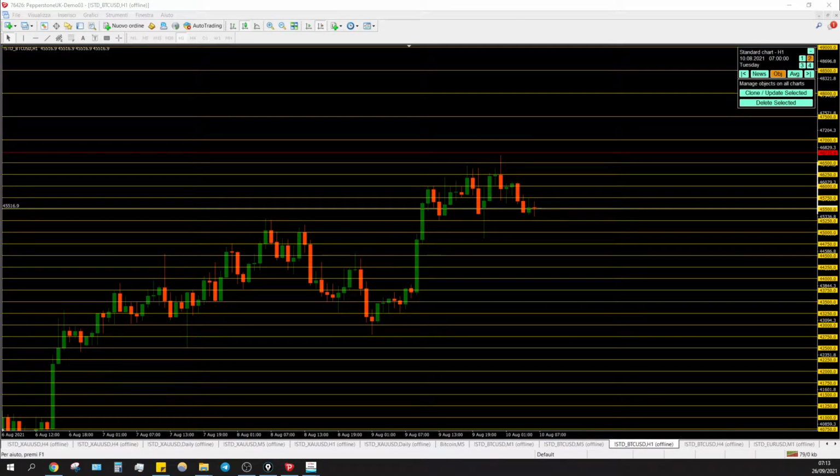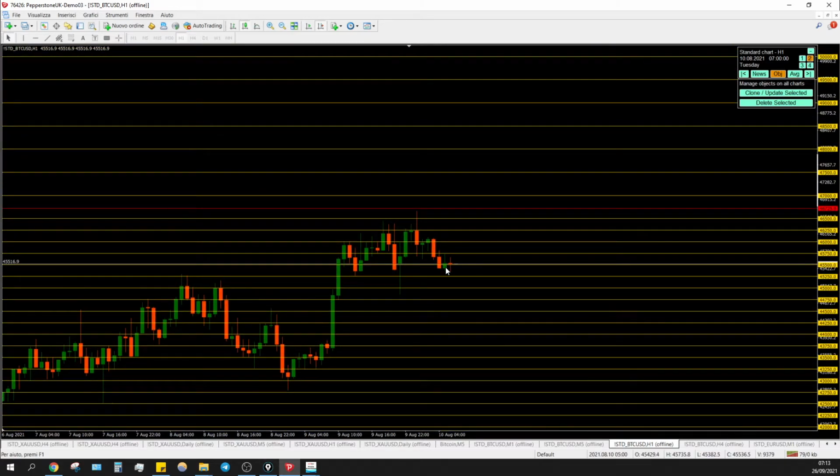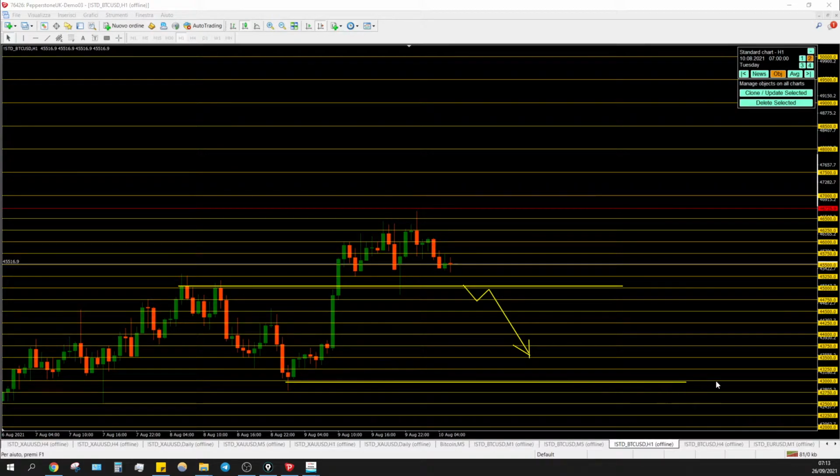So if we want to have a look today at what trade analysis, trade ideas we should have, of course, we should consider that below this level, we're going to take sells to revisit 43K. We want to take safe buys above this PPL, 46 to 50.